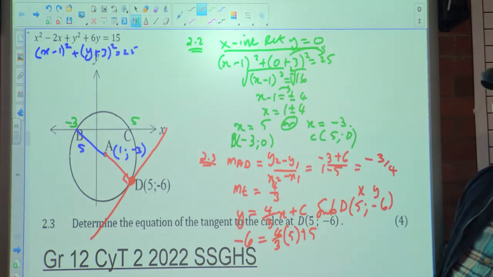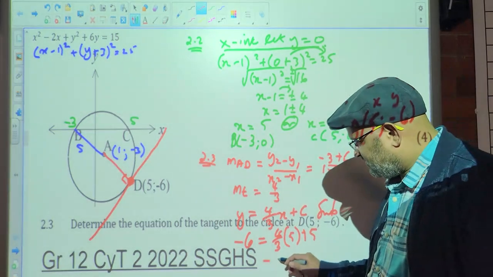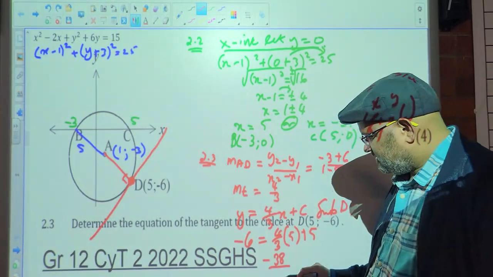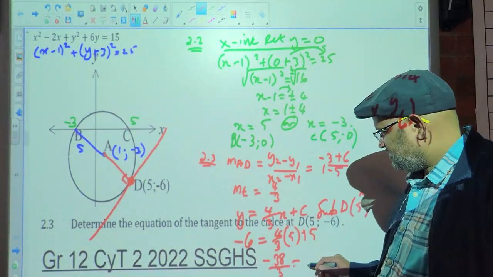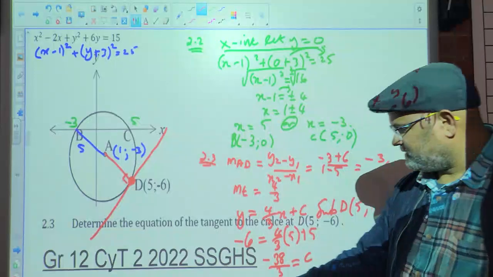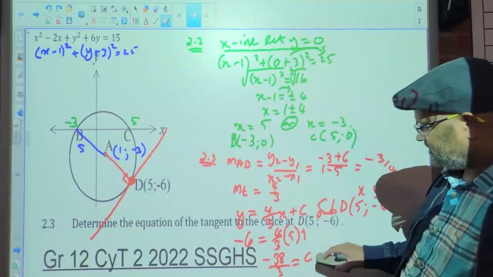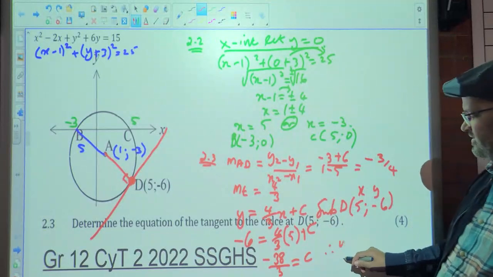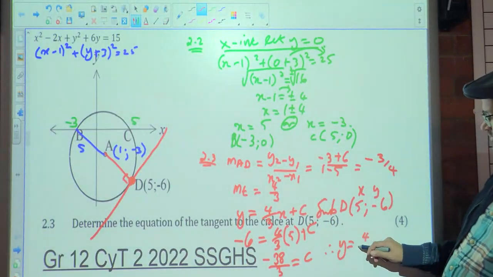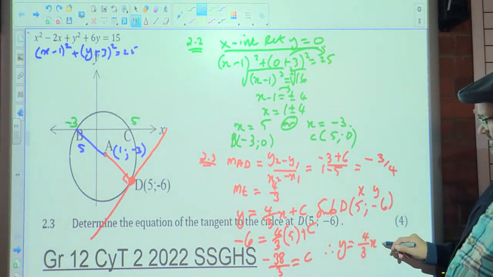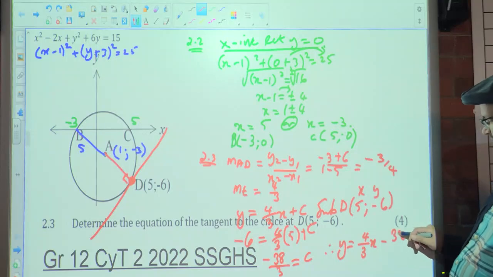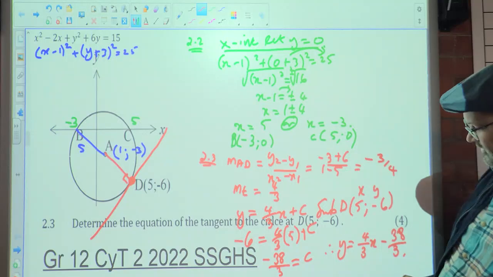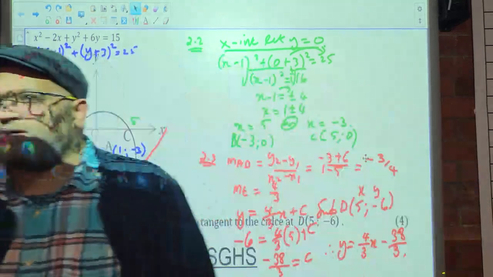So negative 18 minus 20 is going to give you negative 38. Let's check if that's correct. This is c and not 5. So my equation now reads y is equal to 4 over 3x minus 38 over 3. Okay?